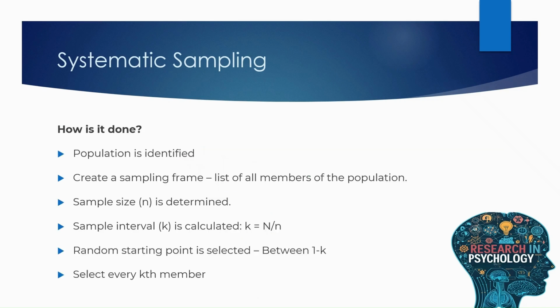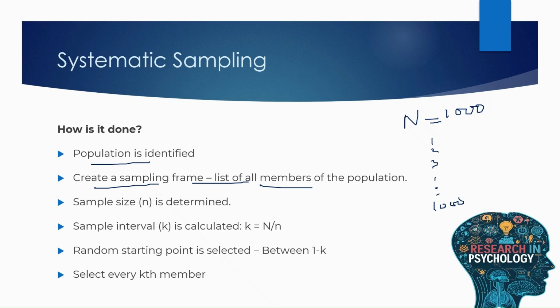All right, so how is this done? First of all, we have to identify the population. Secondly, create a sampling frame, a list of all the members in the population. So I might have 1,000 members in the population, so my population size, capital N, is equal to 1,000. I have a list with all the names listed.